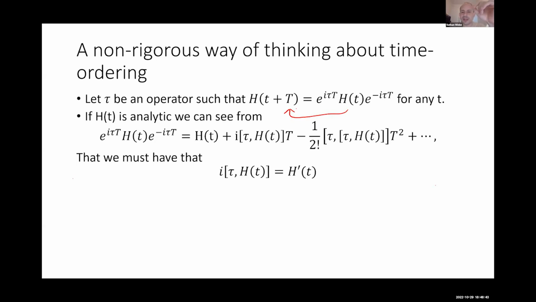Now, if H of t is an analytic function, then it has a Taylor series, and using Hadamard's lemma to expand it all out and comparing it to the Taylor series, we find that the commutators of tau with the Hamiltonian have to be equal to its derivatives. So we can view the tau operation essentially as a derivative operator, which is great.